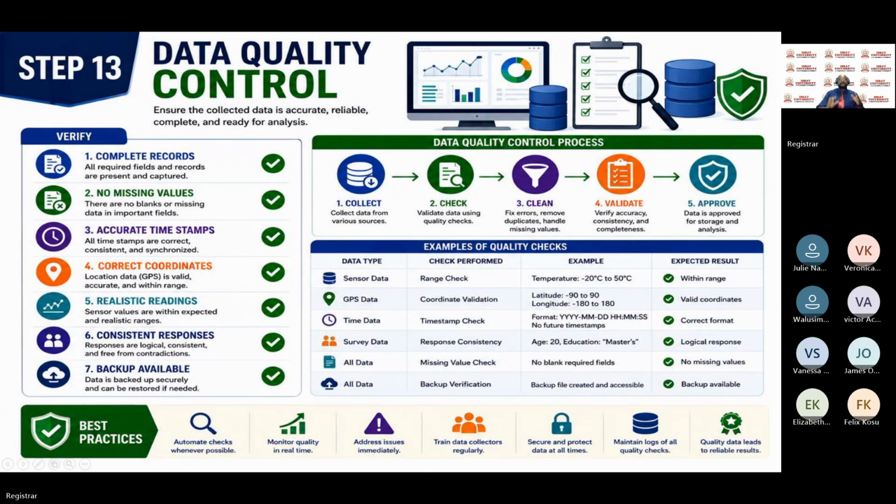Now, this is more or less how you control the quality of the data. Because the data is transmitted from the sensor device in one format, moved through the gateway, through the connectivity, and reaches your central console. In this time, data can be lost.